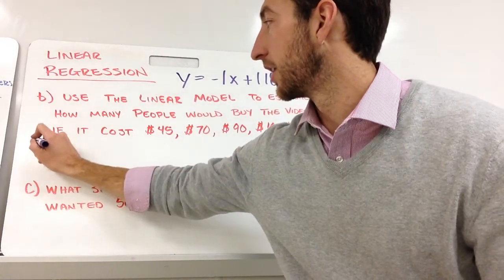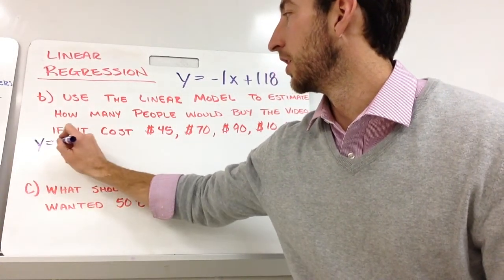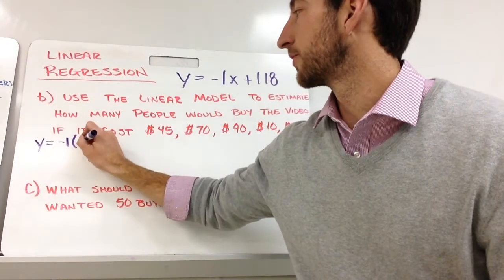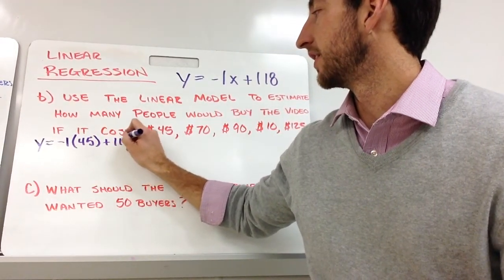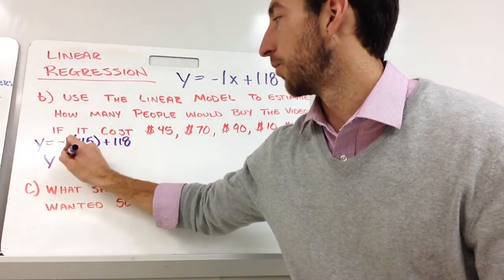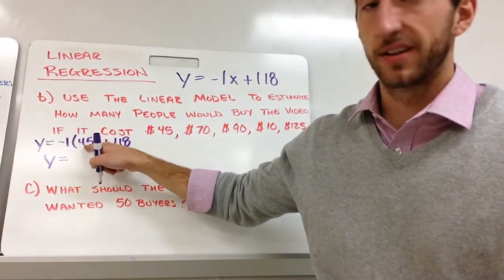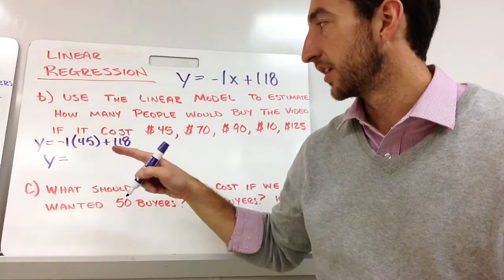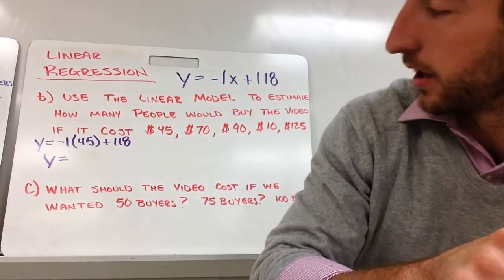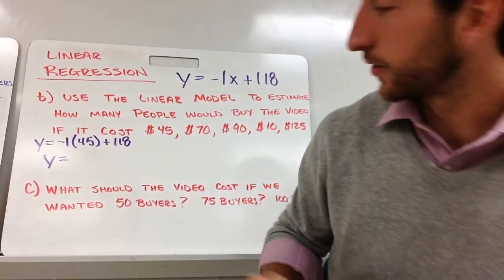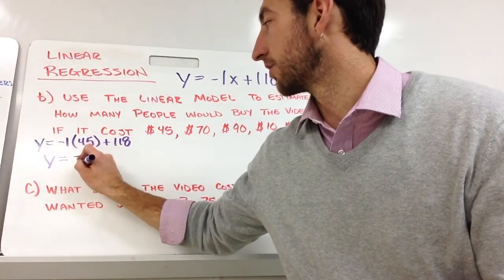So I've got y equals negative 1 times 45 plus 118. So that means y, if I have negative 1 times 45, that's negative 45 plus 118. That gives me, I should know this, but I'm going to cheat today, minus 45. So that's going to give me 73.